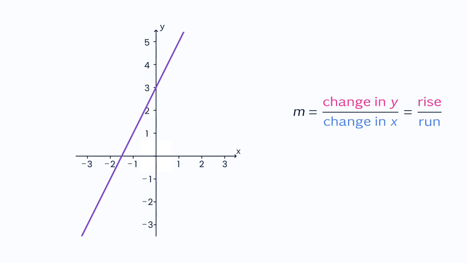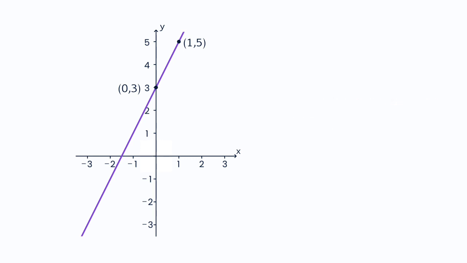In this case, it would be smart to choose the points 0, 3 and 1, 5 and mark those points on the line. Now, draw a horizontal line from the first point out to the right. Then, draw a vertical line downwards from the second point towards the rightward line you just drew.